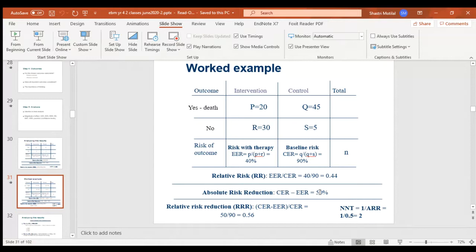The relative risk reduction is the absolute risk reduction, 50%, over the control event rate, 90%, which is 0.56. And here we worked out the numbers needed to treat: 1 divided by the absolute risk reduction, 1 divided by 50%, which is 2. So again, for every 2 people we treat with this intervention, we'll stop 1 person from dying.